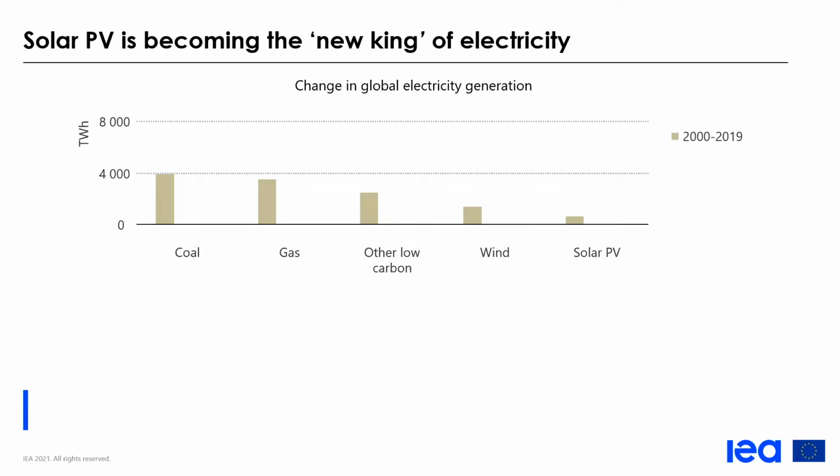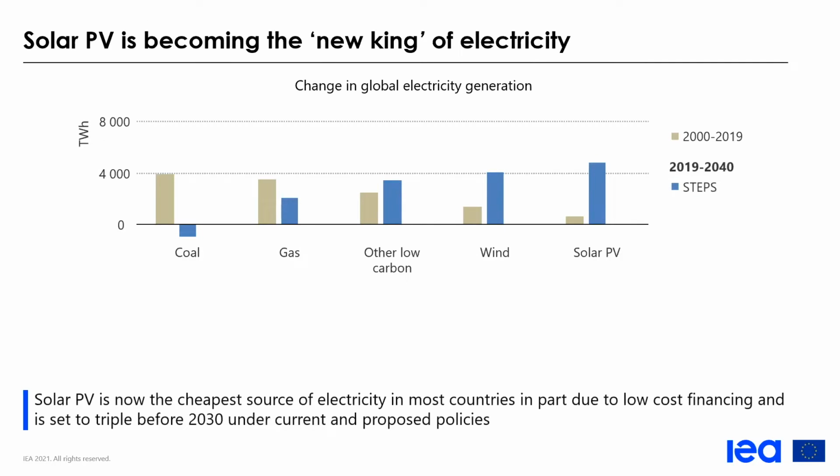But things are changing. The paradigm is already changing, because if we look at the most recent years, solar PV has already become the first source and the most dynamic source.